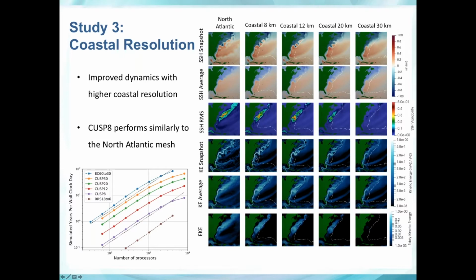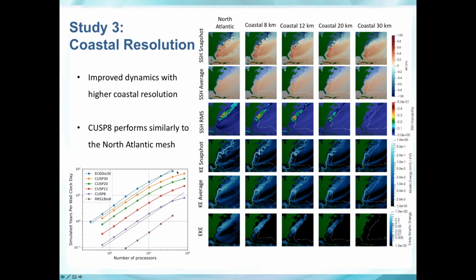You get nice eddies and meanders, which you really don't get at all in the 30-kilometer. You don't get really any of this eddy kinetic energy that shows up. And the 8-kilometer is fairly similar to the North Atlantic, which we're using as sort of the proxy for the high resolution, which is nice to see that it does seem to help improve those dynamics.